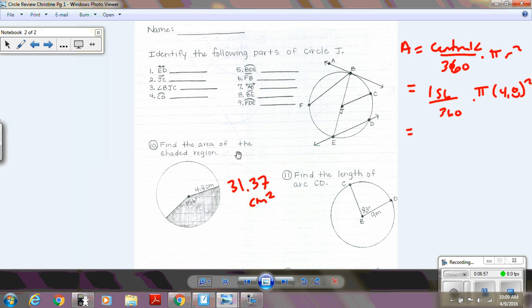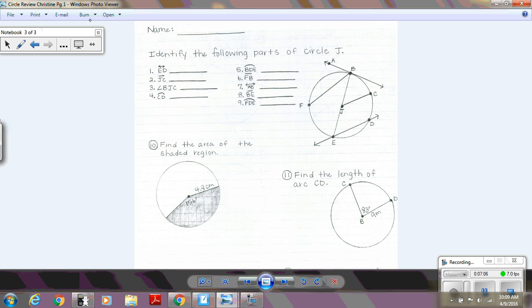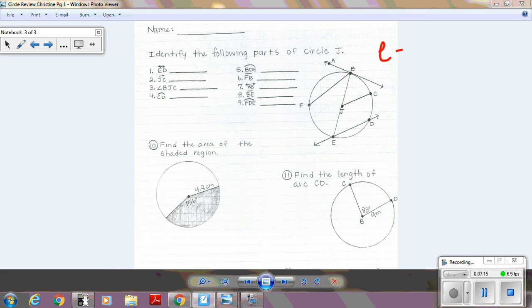Okay. Number 11 would like for us to find the length of arc CD. The formula for arc length is very similar to that of the area of a sector. For arc length, it's the central angle divided by 360 times the circumference of the circle, so 2 pi r.